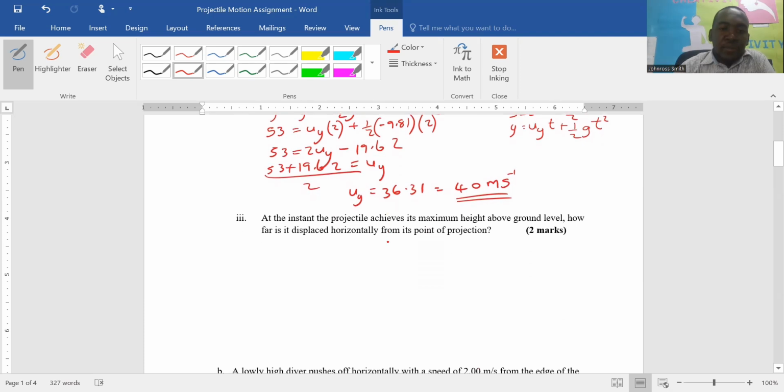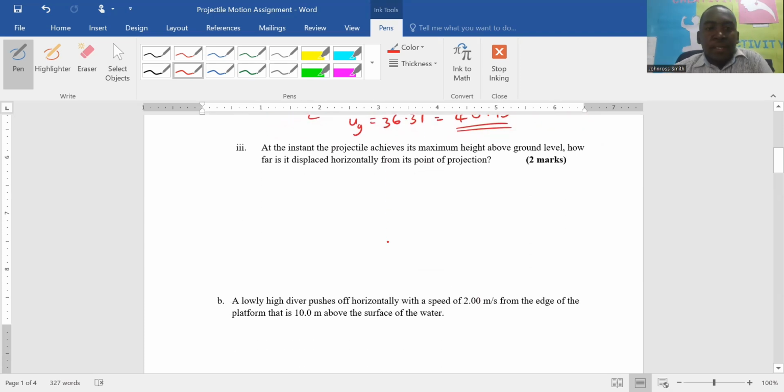We look at the next question that says, at the instant the projectile achieves its maximum height above ground level, how far is it displaced horizontally? What do we know when something is at its maximum peak? At its maximum peak, its Vy is going to be equal to 0.